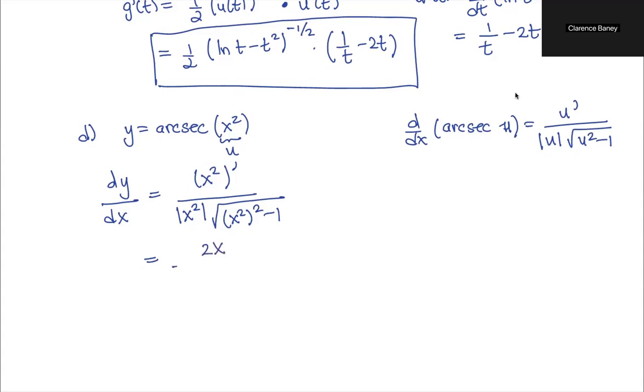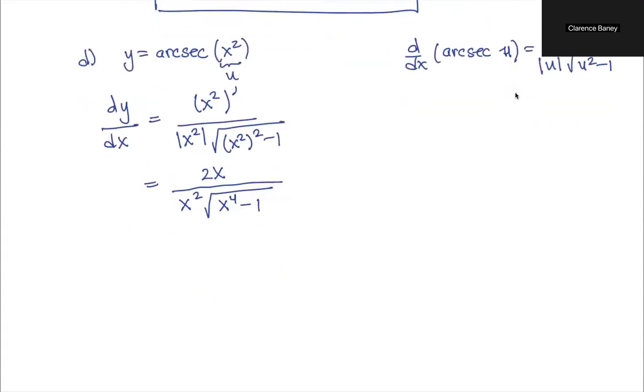Also, one thing that you should observe for the future is, since x squared is always going to be a positive number, the absolute value is kind of not necessary. And so I'm going to make this now x squared, the square root of x to the fourth minus 1. I'm going to leave it like this, even though it's not simplified, because this is a completely fine answer to respond with.